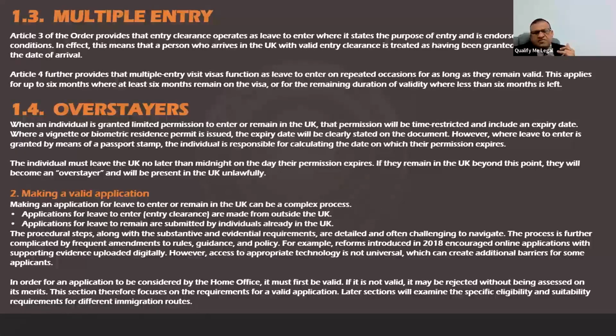We have a web page which is called www.gov.uk. In order to get any information about the Home Office guidelines, we have specific guidelines on this web page about each visa category.